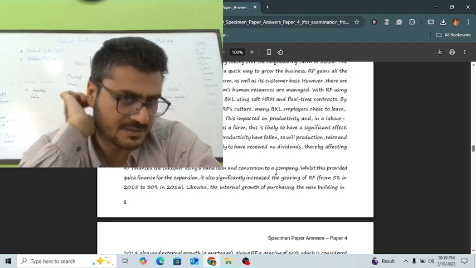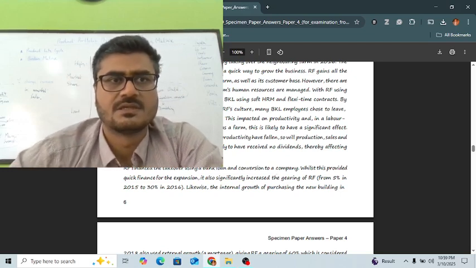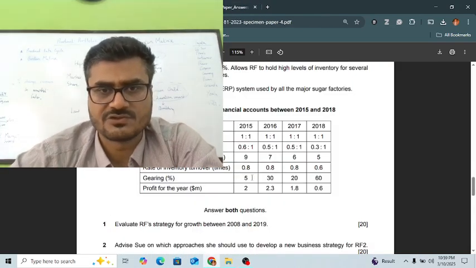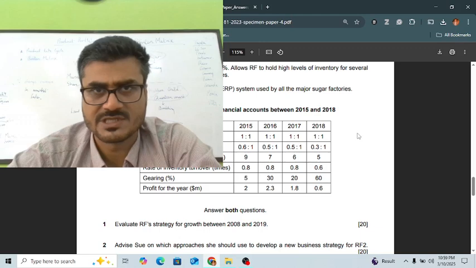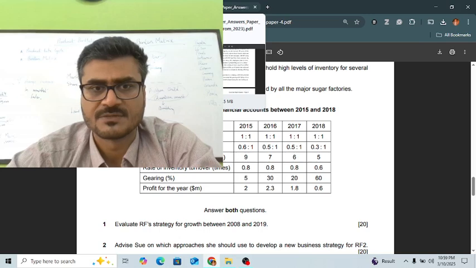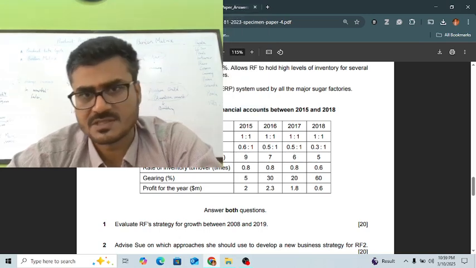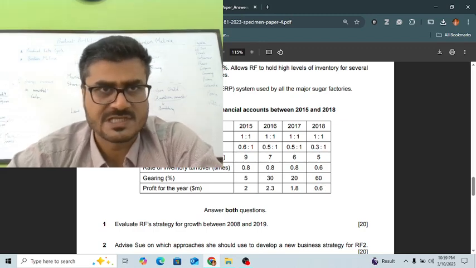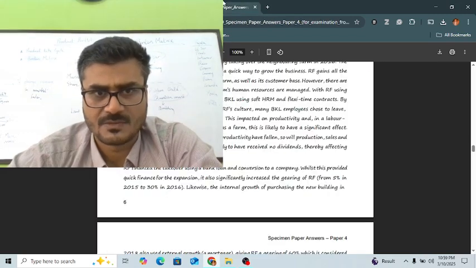We can see that the gearing ratio is consistently increasing because of the high amount of loans and mortgages, and the result it would have on the profitability of the business. We can see that profitability is also decreasing, so you can analyze this point as well in your answers.